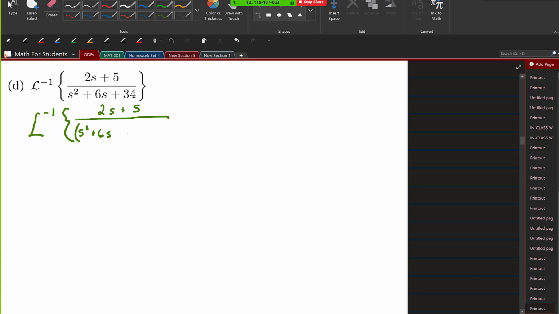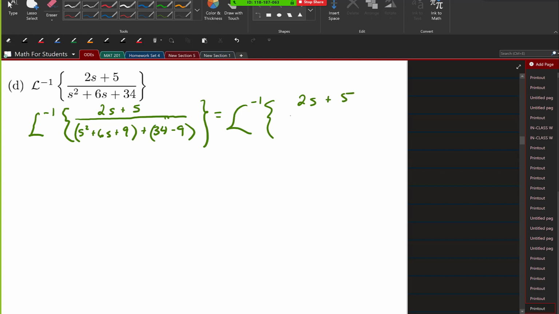And then if I were to complete the square on that, I would add 9 to complete the square. So outside of the parentheses, I'm going to subtract 9.